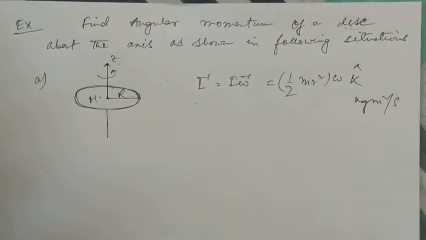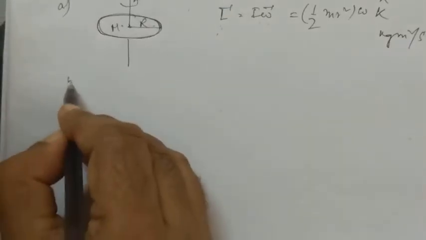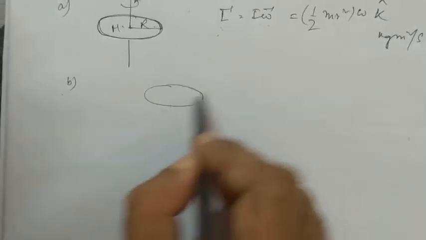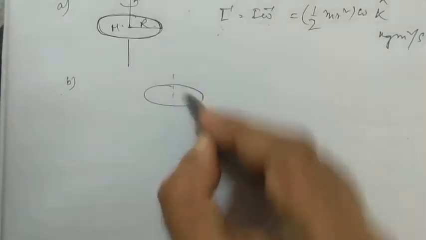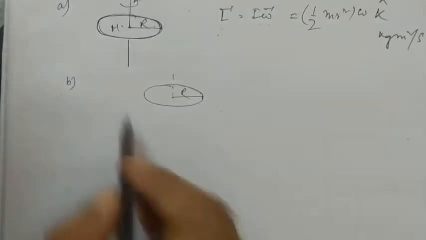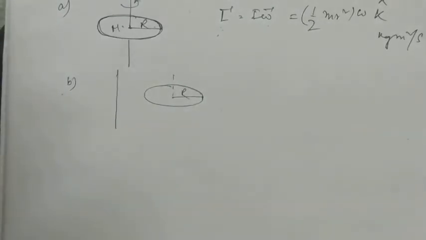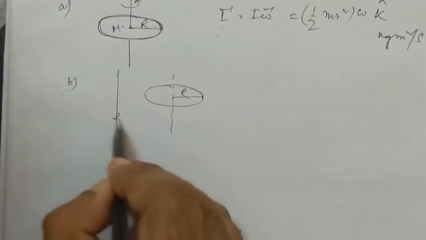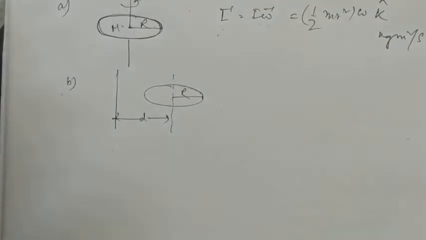Now in the second case, similar is the diagram, but we have shifted the axis by distance d. This was the disk of radius r. Now we have been asked to find out the angular momentum with respect to an axis which is at a distance of d from the previous axis.